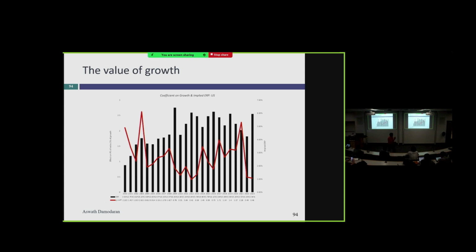So I do this with price of growth once a year, but if this was your life, to run a portfolio, you could think about updating this so you can get a sense of what the market is paying for growth and what it is charging for risk, because that joint effect is what's going to determine which companies are going to do well and which are going to do badly.